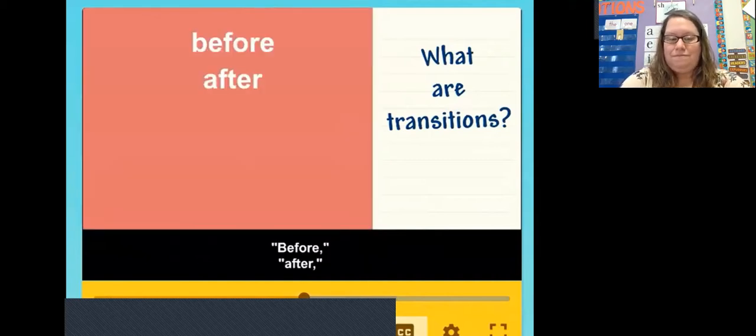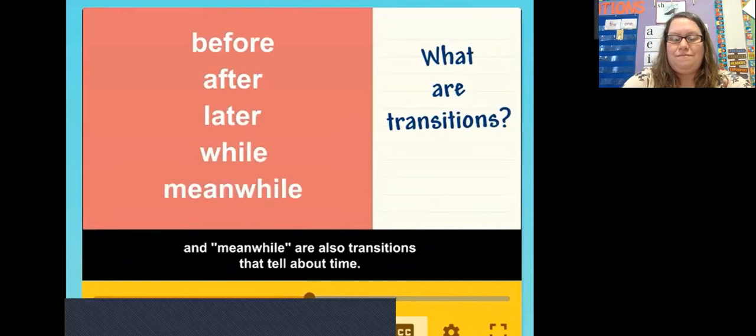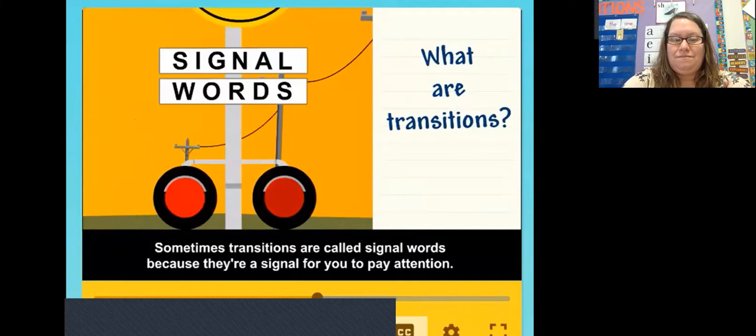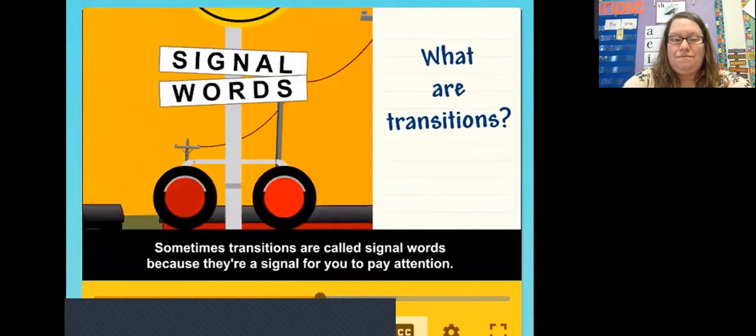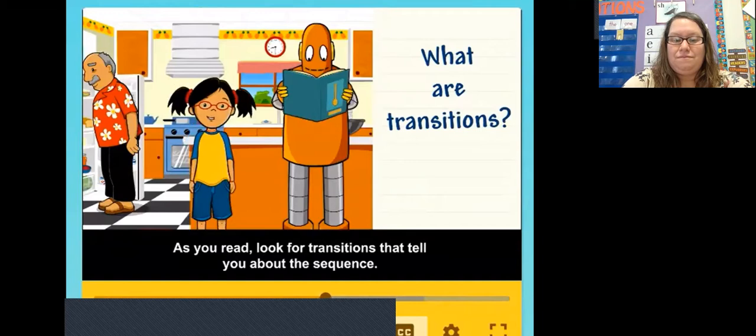Before, after, later, while, and meanwhile are also transitions that tell about time. Sometimes transitions are called signal words because they're a signal for you to pay attention. As you read, look for transitions that tell you about the sequence.